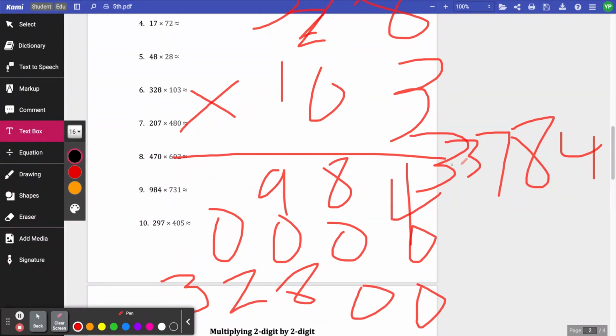You round to the hundreds place, which is this number right here, and you look behind it. The 8 is greater than 5, so it becomes 33,800. So you round up.